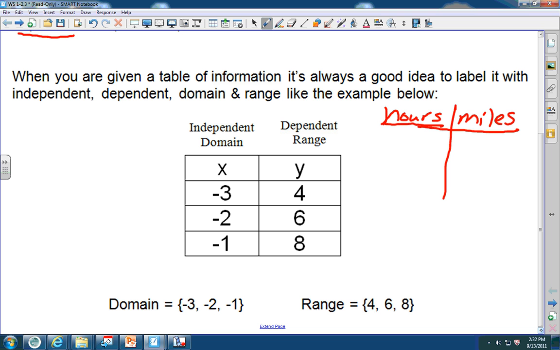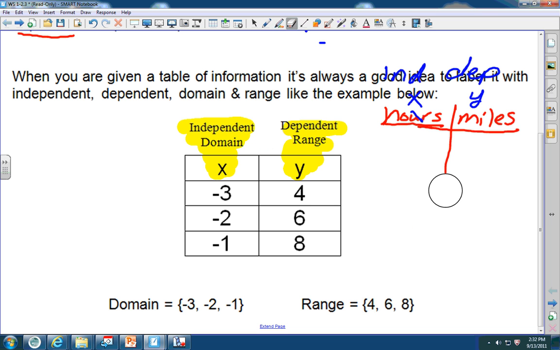The first thing I normally do is label above it, x then y, and write independent and dependent. If I write this at the beginning of every test, then I can go back and do the questions and double check so that I don't get confused.